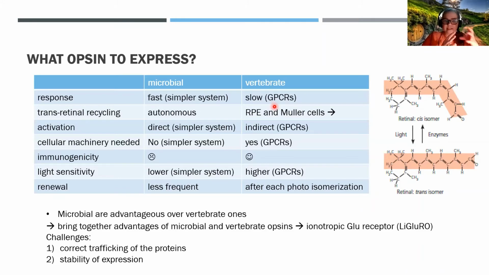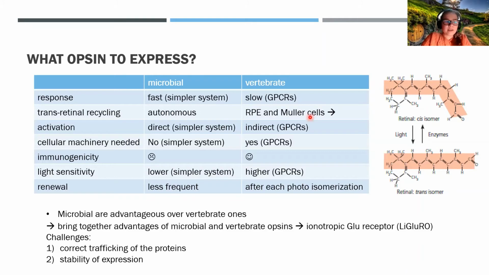They desensitize, they are phosphorylated so that they cannot transduce any signal for some time. It's not the case for microbial opsins. So vertebrate opsins, many of their characteristics can be explained by the fact that they are G protein coupled receptors. So the response after their activation is slower compared to microbial opsins.